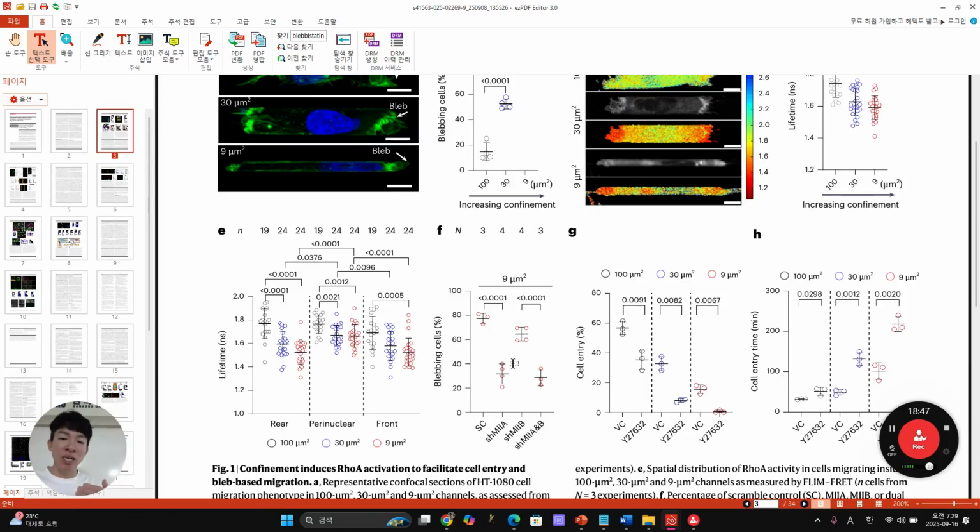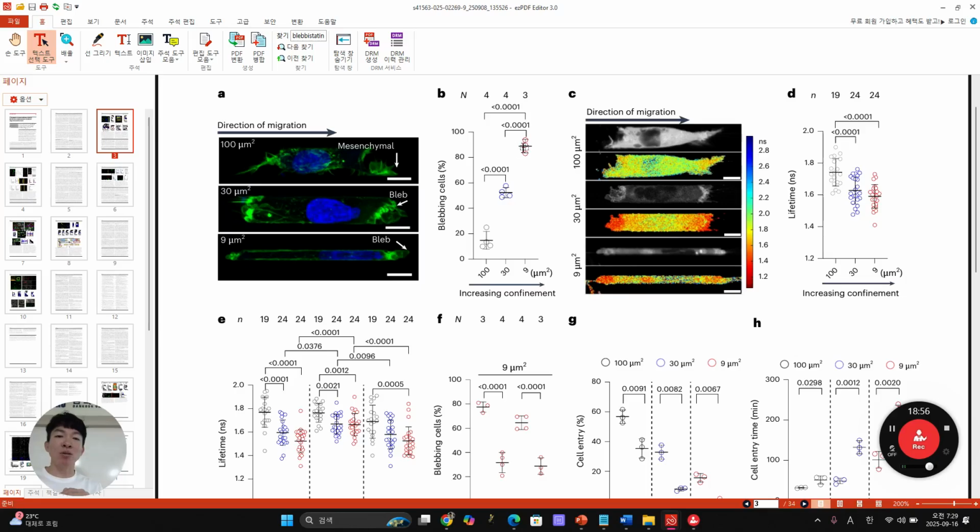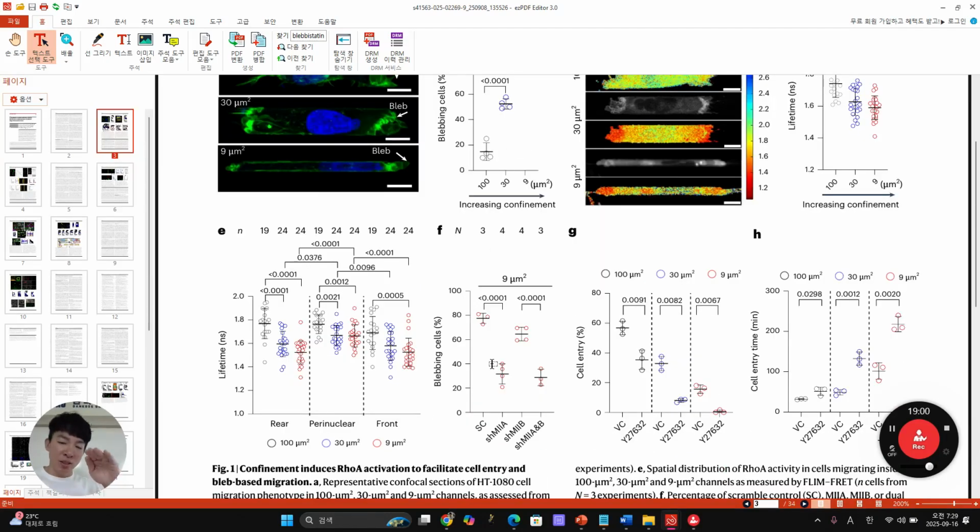And then we can say that not B, but A is involved. We can say that myosin 2 is involved because at 9 micrometer, 90% of cells should be blebbed. But when they lower the myosin 2A activity, their blebbing cell number is decreasing, which means that myosin 2A is involved in this phenomenon.